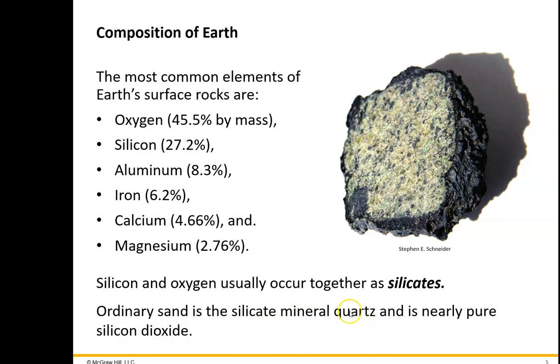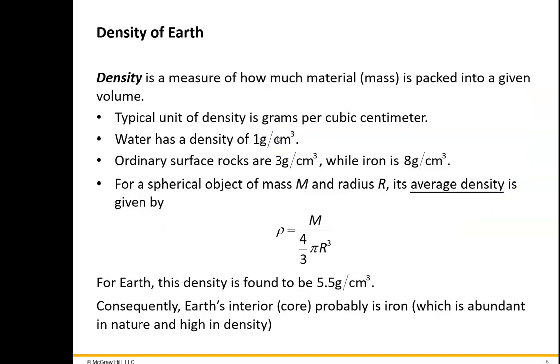That's literally what sand is made of, silicon dioxide. So it's a silicon atom bonded covalently with two oxygens. Not that this is a chemistry class, but that's what that's talking about. All right, let's move on to the next slide here.